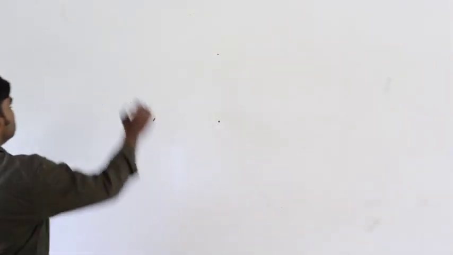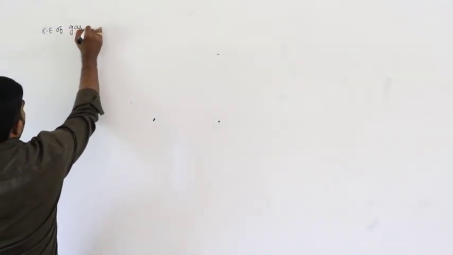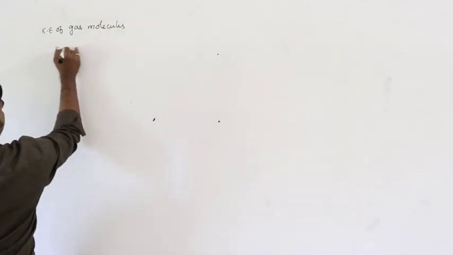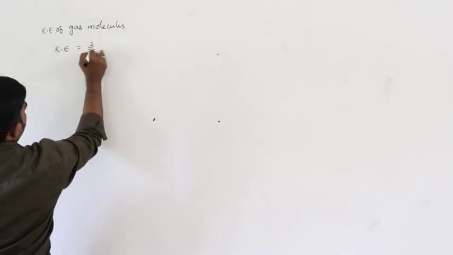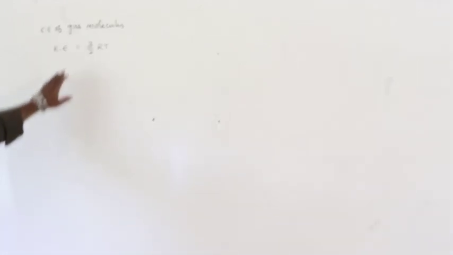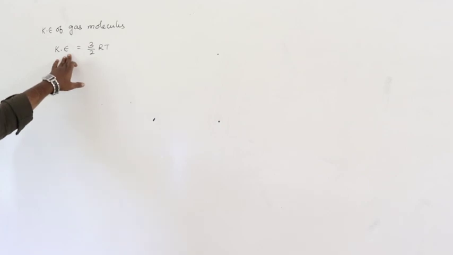in the chemistry topic states of matter, you have the kinetic energy of gas molecules. We can write KE is equal to 3 by 2 RT. This is the kinetic energy per gas molecule.